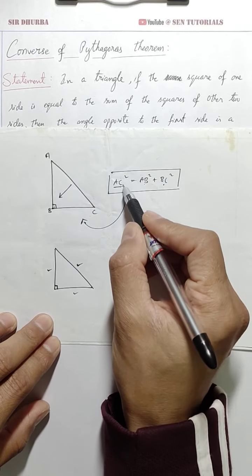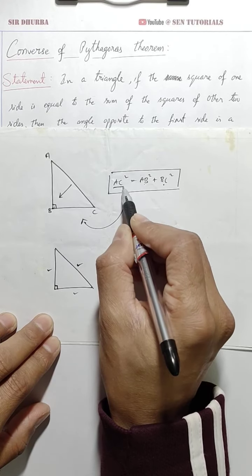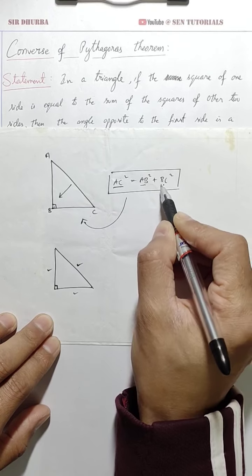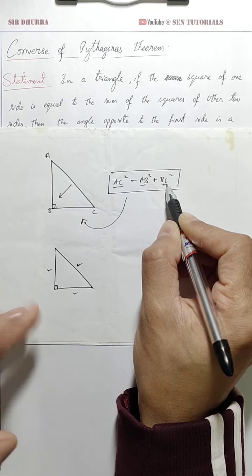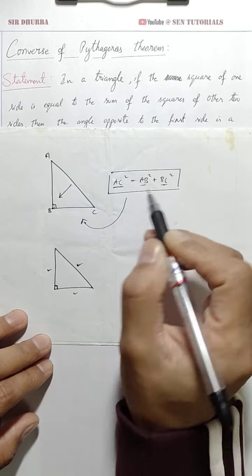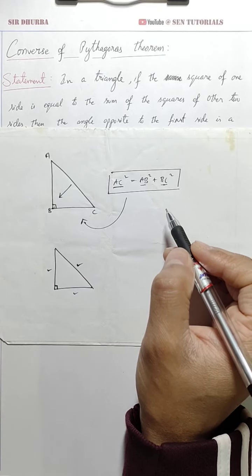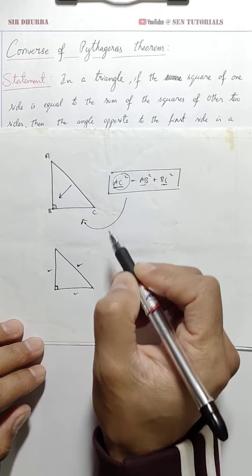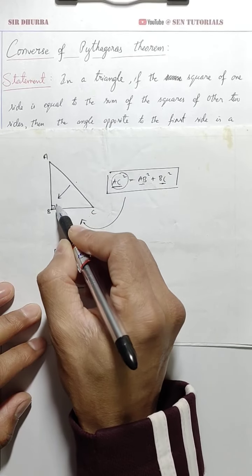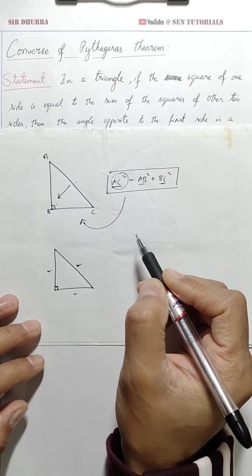Now we have to get this 90 degree. That is, if in a triangle the square of one side is equal to the sum of the squares of the other two sides, the shorter sides obviously, then the triangle is a right angled triangle, and the angle opposite to the longest side will be equal to 90 degrees.